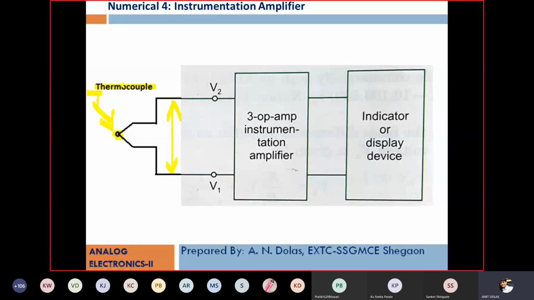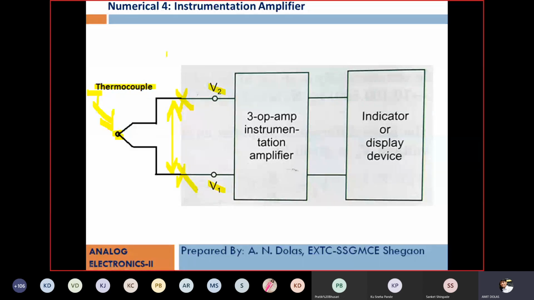As we are getting a direct change in terms of voltage, I directly connected these two terminals of the thermocouple to V1 and V2, because it is directly giving you the differential voltage. It is acting like a differential voltage.